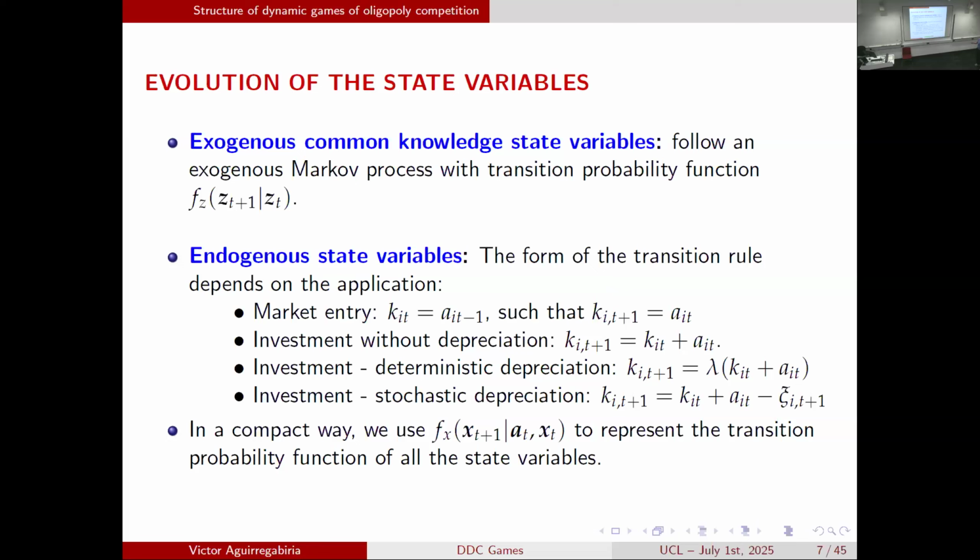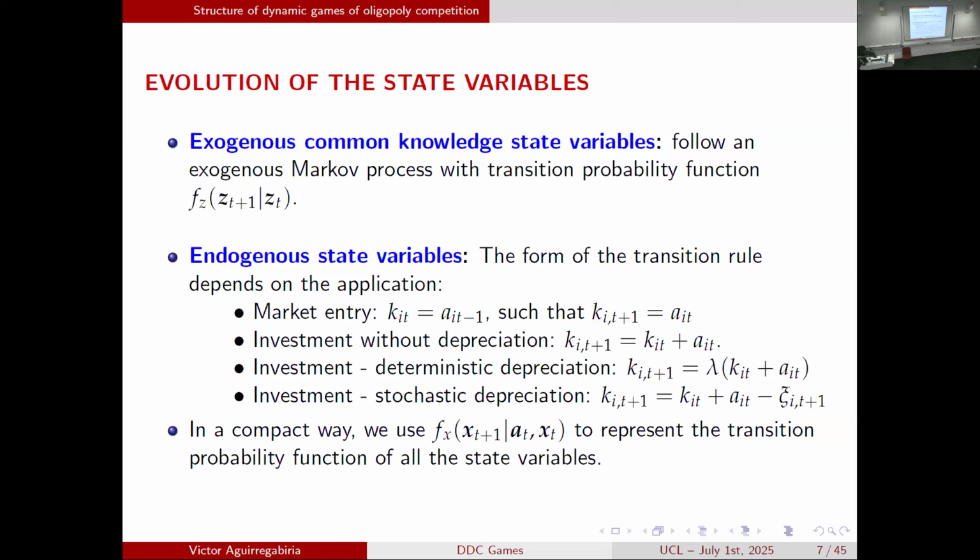The simpler model, for instance, in a model of market entry, is that K_it is just the indicator, the dummy variable for whether the firm was active at the previous period or not, because this is what determines if the firm will have to pay entry costs in order to be active in the market at period t. But you can have other transitions.